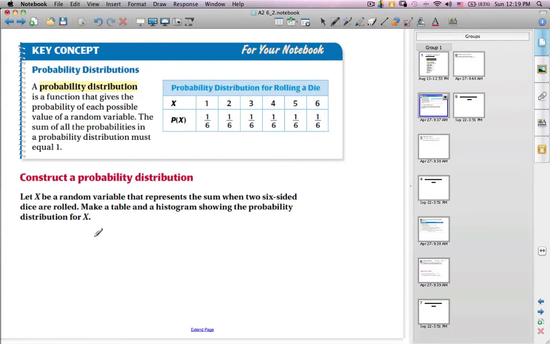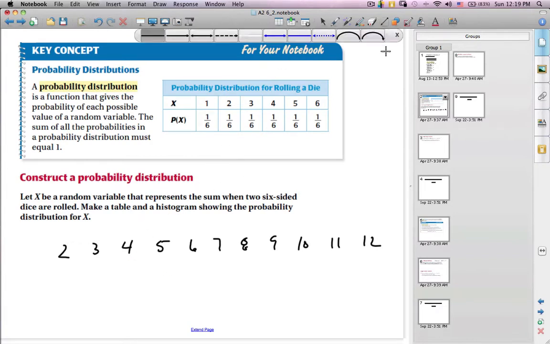We're going to take a look at the probability distribution for rolling 2. So if you look at the possible things that could come up, I could get a 2, a 3, a 4, a 5, a 6, a 7, an 8, a 9, a 10, an 11, or a 12. Okay, so these are the possible outcomes.